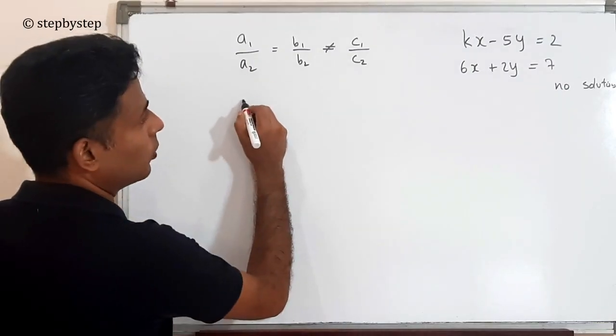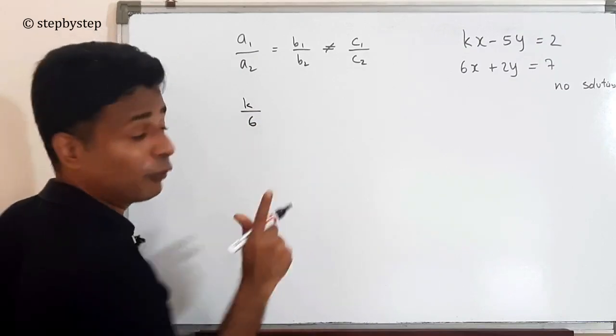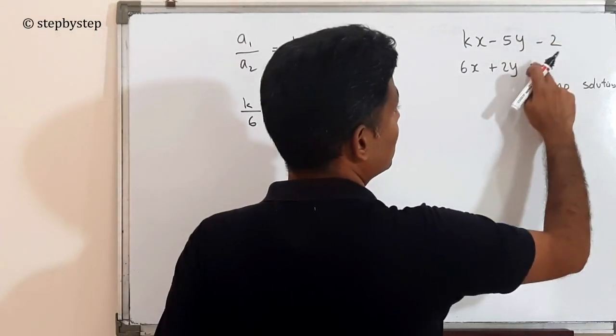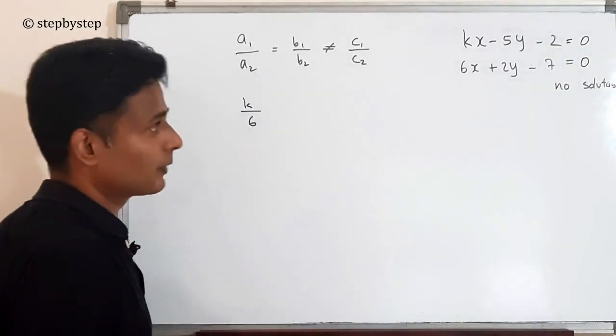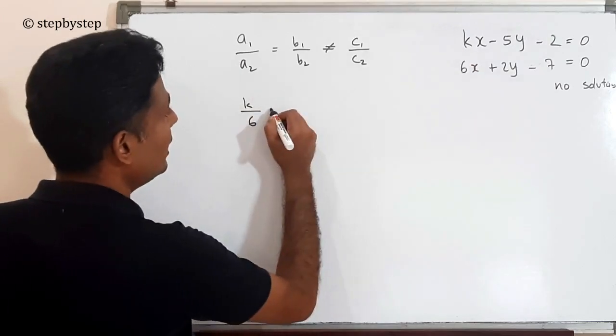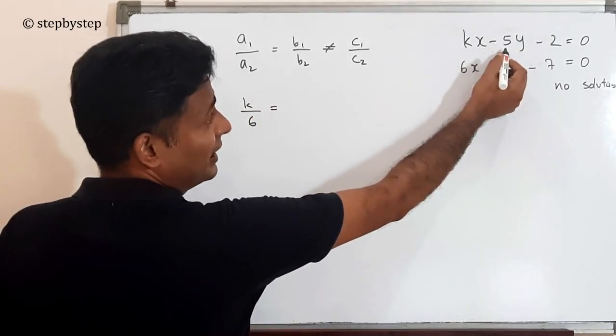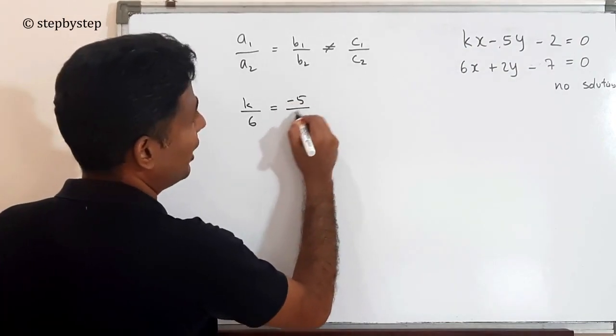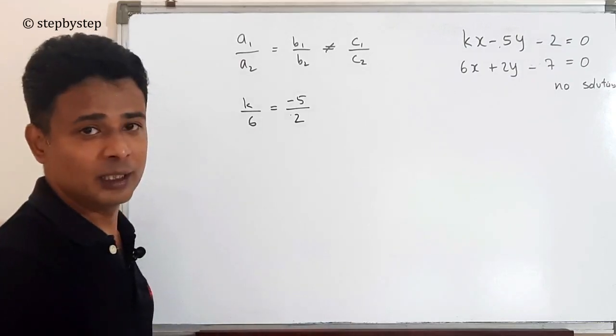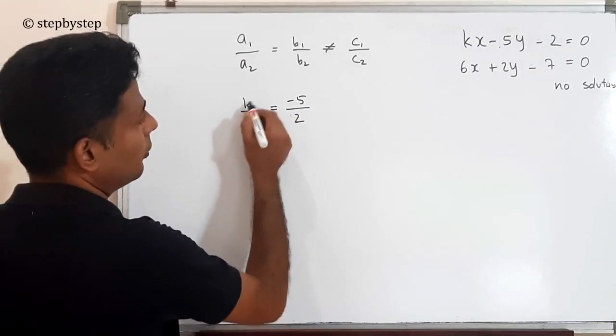So A1 by A2, that is K by 6. Before that, we need to transpose. So this 2 will become minus and this becomes equal to 0. So K by 6 equal to, remember B1 is minus 5. Don't forget to take the signs. So minus 5 by 2, right? We got this. So we can transpose.